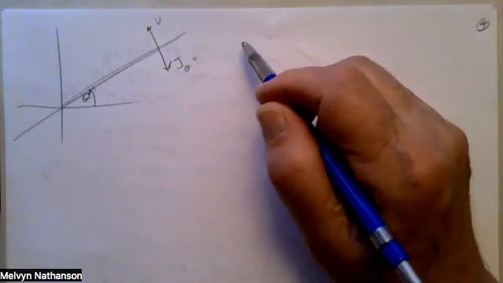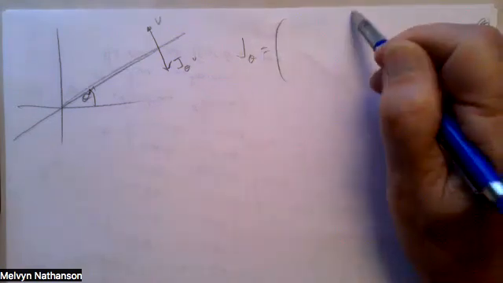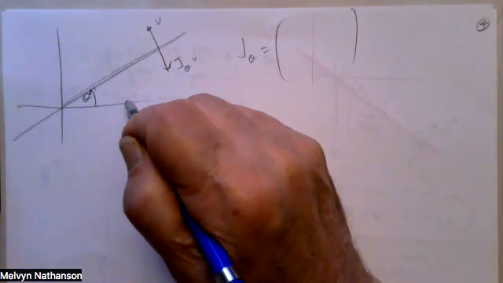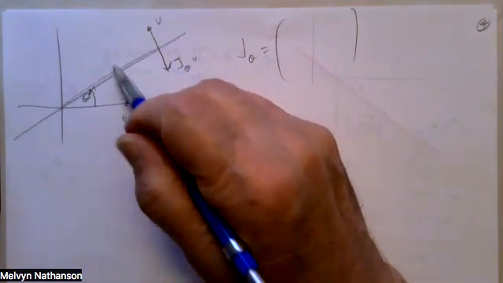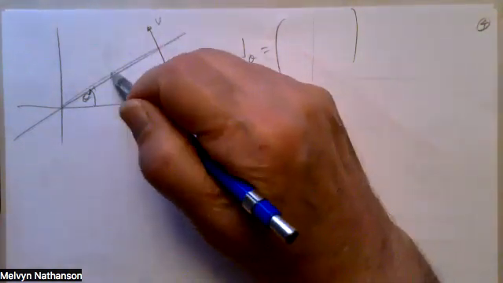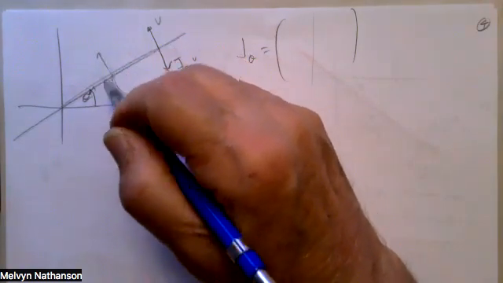So the matrix, we call it J theta. The first column is what happens to the unit vector E1 when you reflect it through this line. So to reflect E1 through the line, you draw this perpendicular and go this distance.